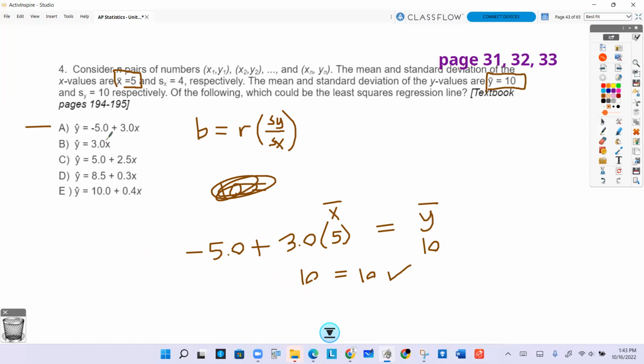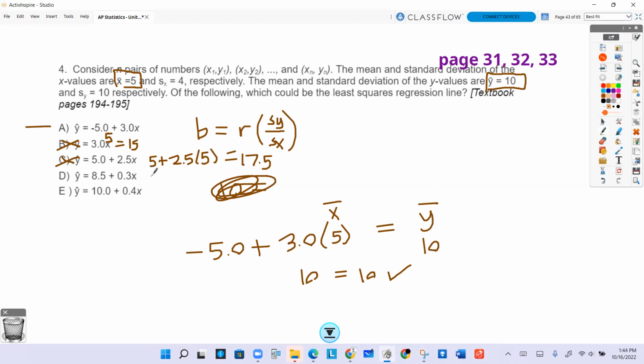If I plug in 5 here, I'm going to get 15, not 10. So that's no good. If I plug in 5 here, 2.5 times 5 plus 5 is going to be 17.5, way too high.